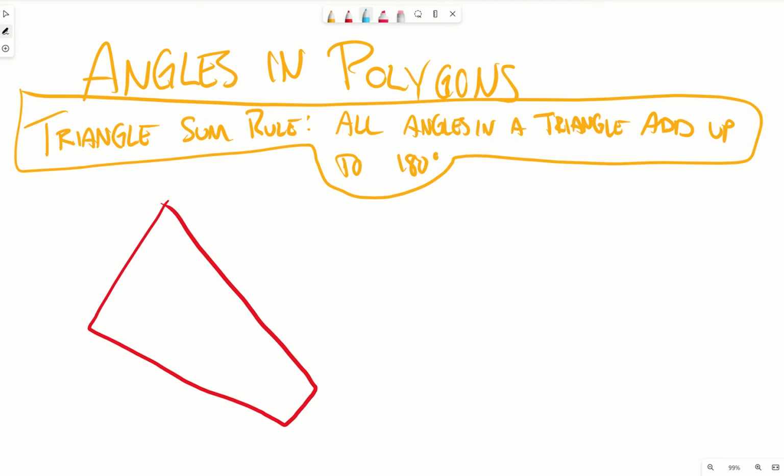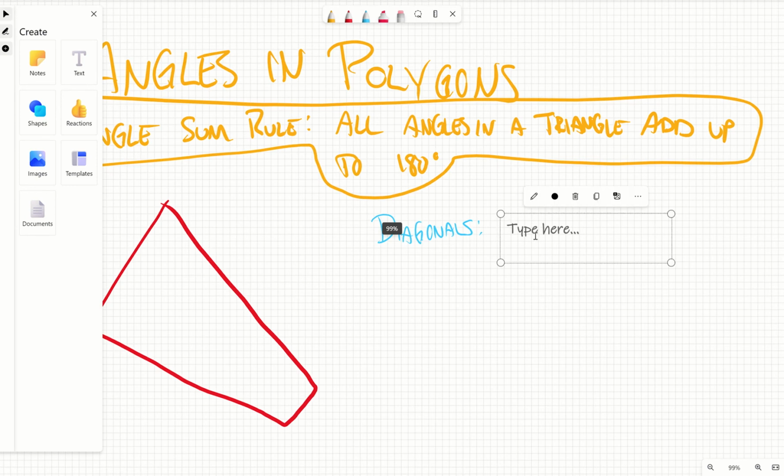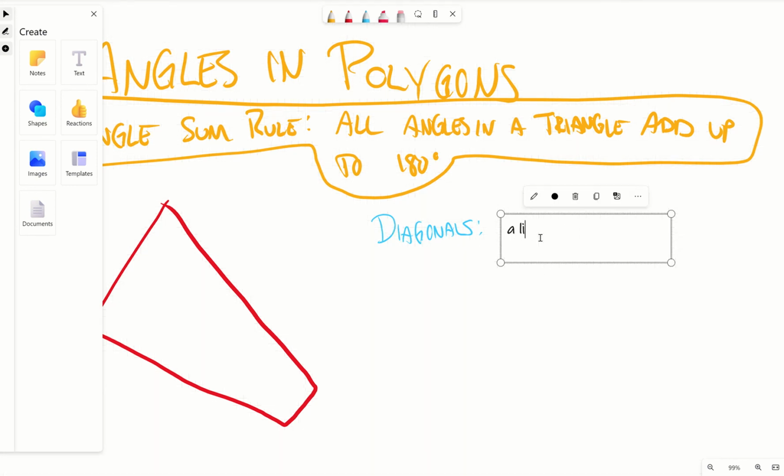We're going to create something called diagonals. A diagonal is a line segment that connects two non-adjacent vertices of a polygon.